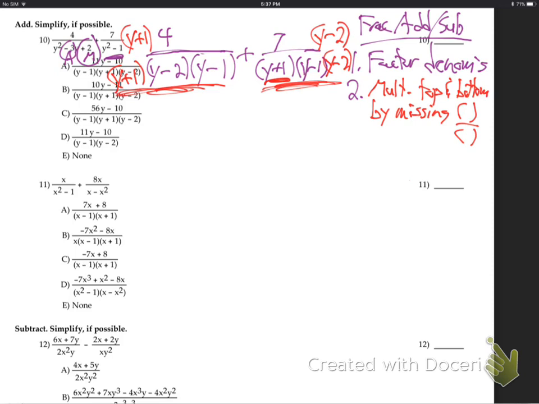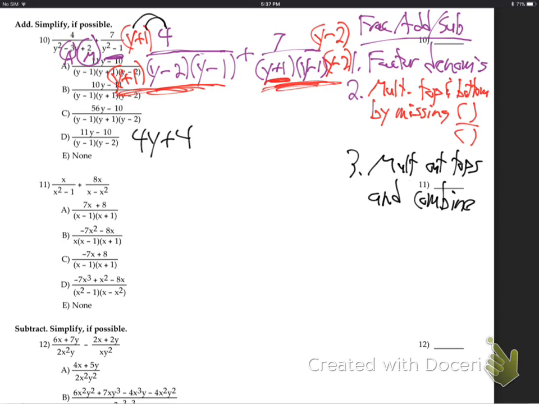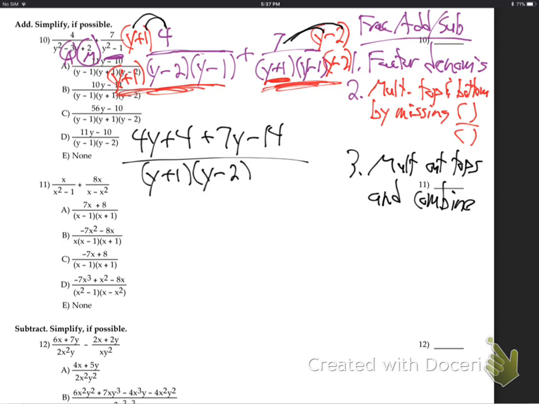Top and bottom. So now step 3 is multiply out the tops and combine. So now multiply, boom, boom, 4y plus 4, and then boom, boom, plus 7y minus 14 over y plus 1, y minus 2, y minus 1.